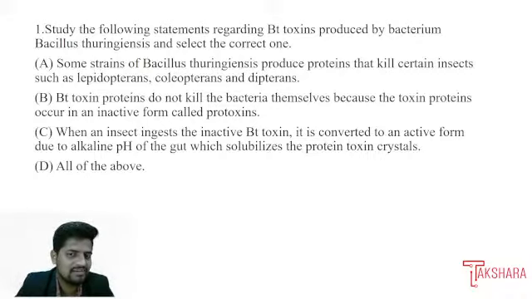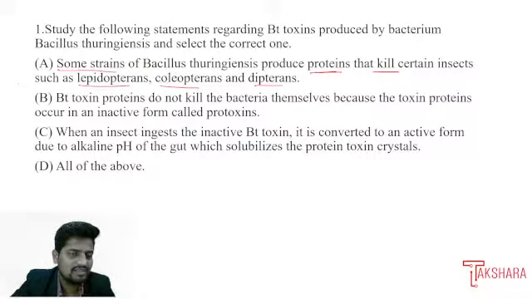According to statement number one, some strains of Bacillus thuringiensis produce proteins with the ability to kill certain types of insects, such as lepidopterans, coleopterans, and dipterans.